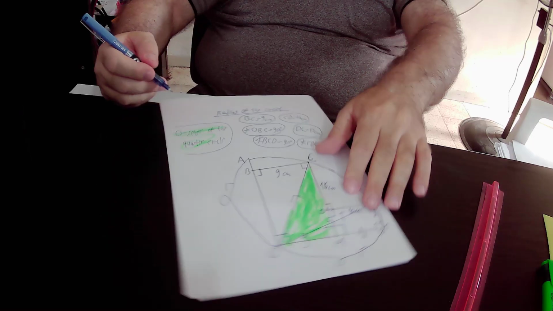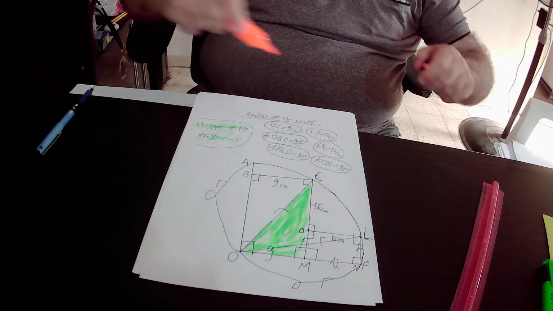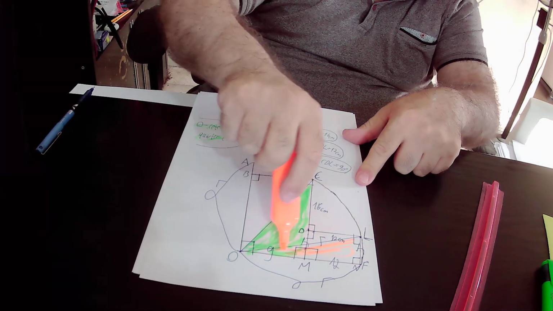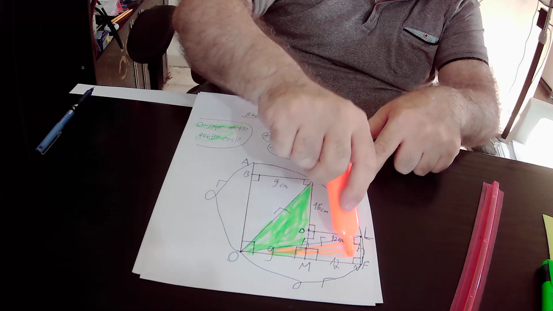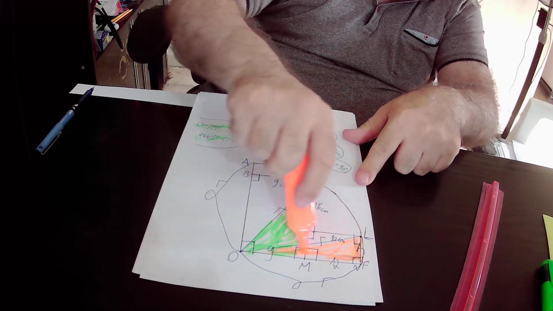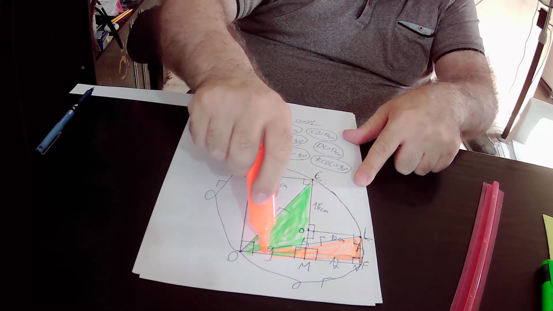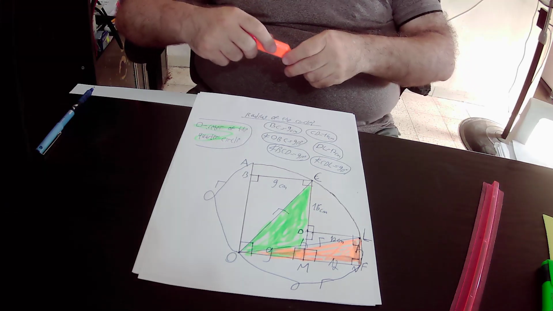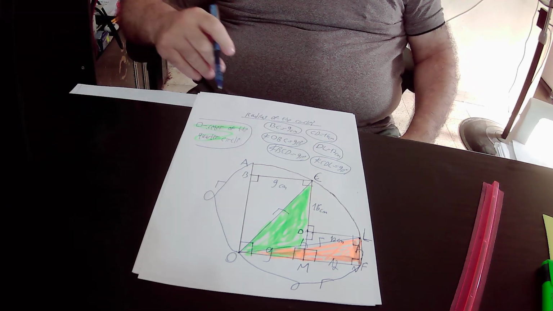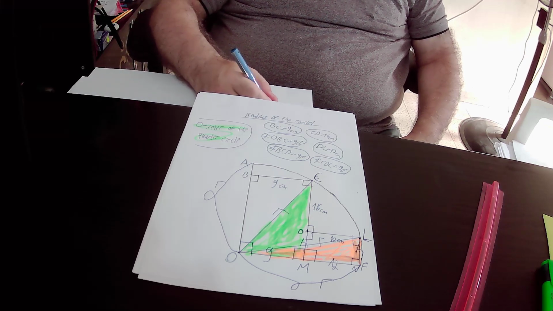In the next step, we will implement the Pythagoras theorem on the right orange triangle, triangle LNO. According to the Pythagoras theorem, the square of the hypotenuse equals the sum of the squares of the perpendiculars.